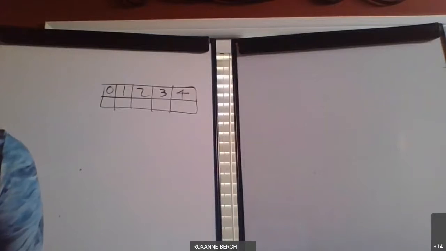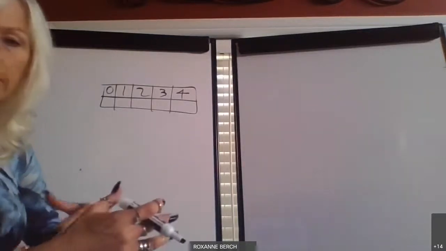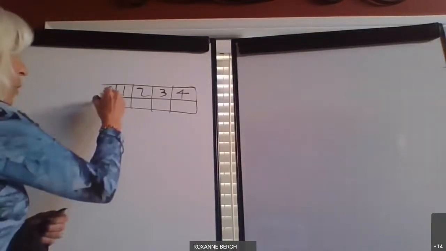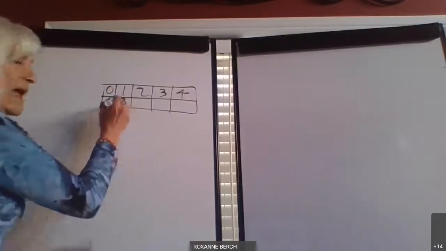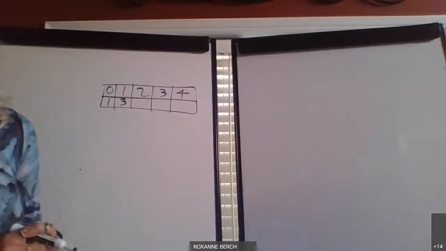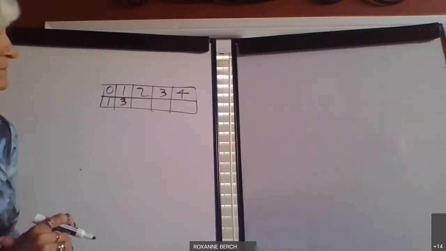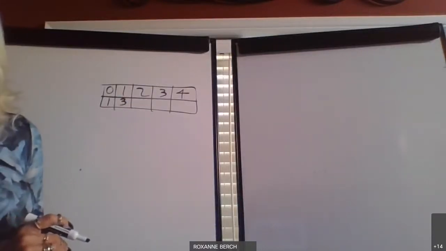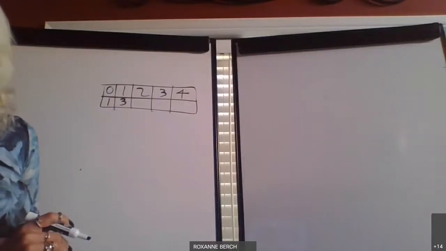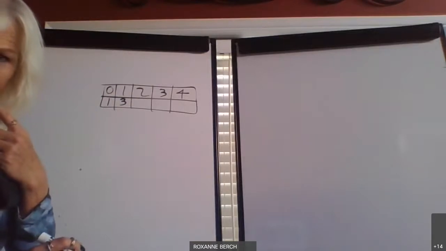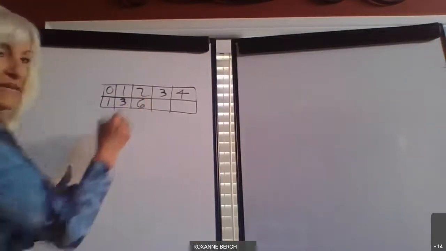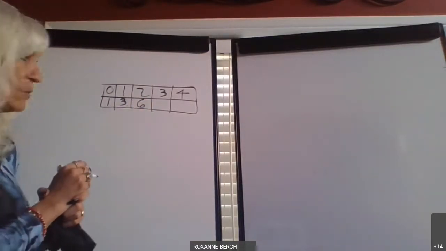How many sticks are in the first one? It would be 1. How many sticks are in the second picture? 3. How many sticks are in the third picture? How many? 6. And then what?